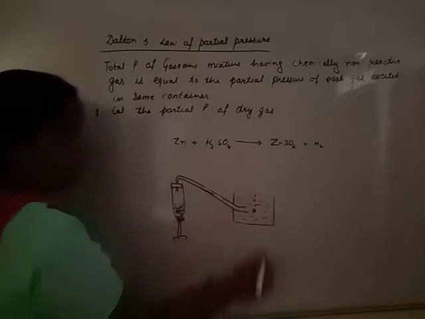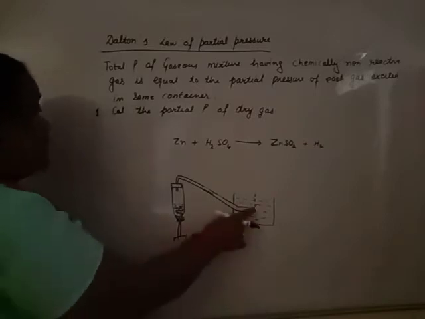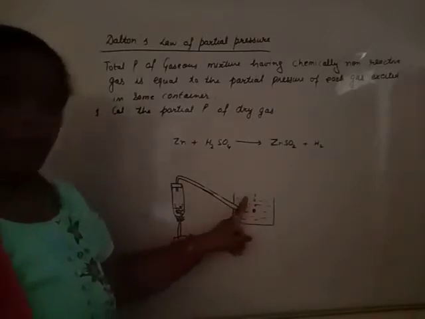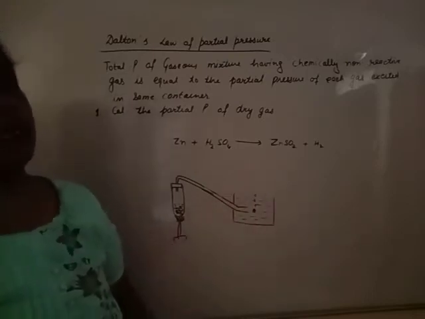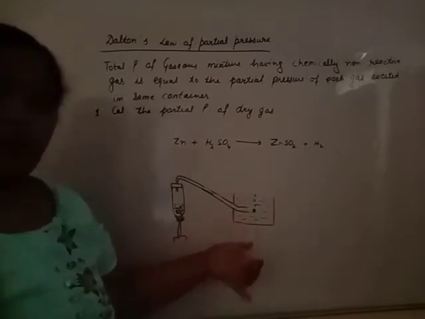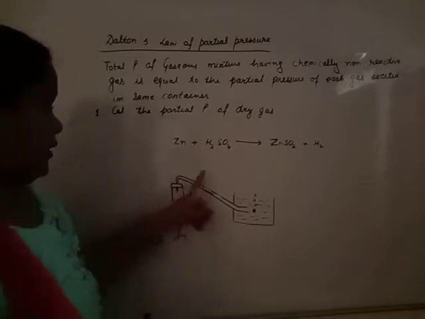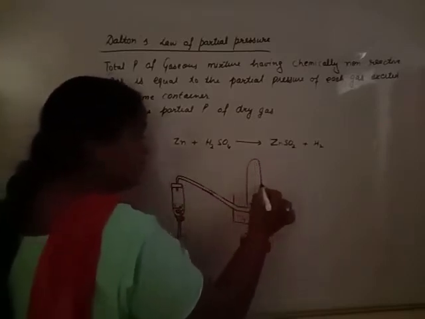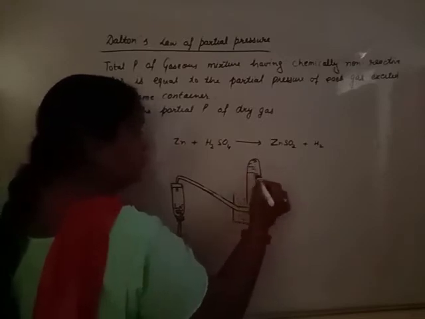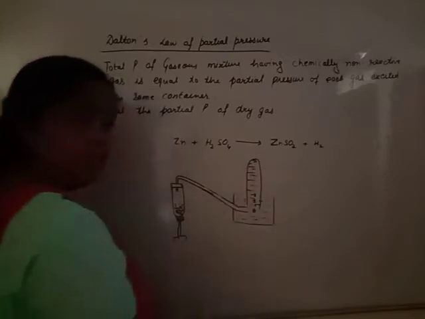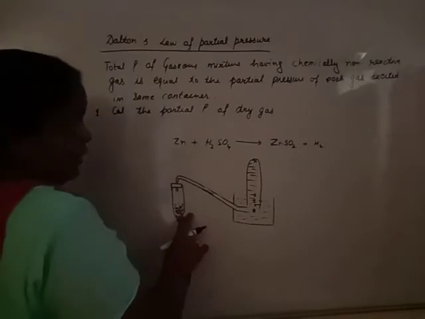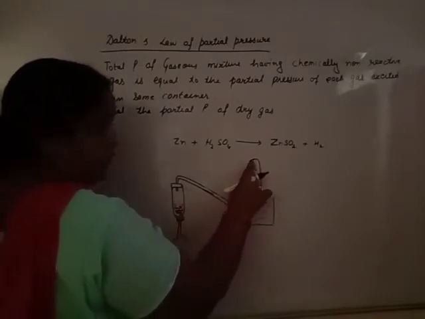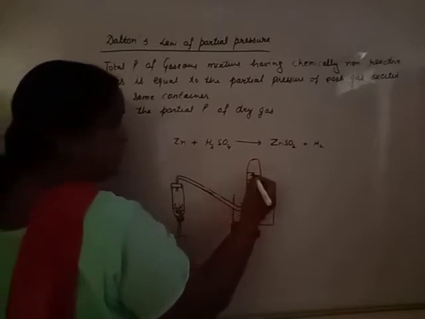It comes out, and we identify hydrogen gas by the pop sound. When a burning candle comes near it, it produces a pop sound. If we place an inverted tube also filled with water, when this gas is released and comes into the water it moves upward and the level of water starts to decrease.